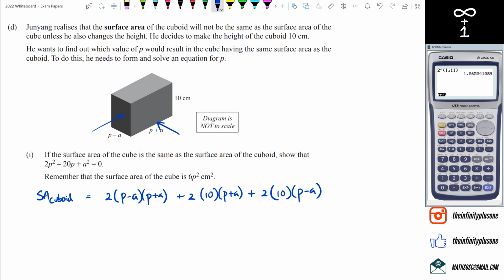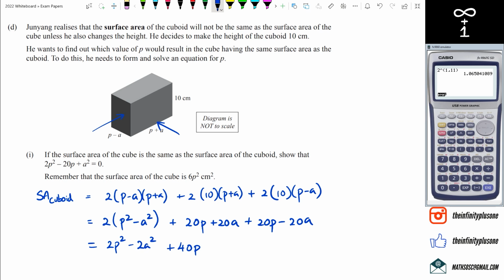So we're going to expand all of this. We're going to get 2p squared minus 2a squared plus 20p plus 20a plus 20p minus 20a. We've actually got 2p squared minus 2a squared plus 40p. So this right now is the surface area of the cuboid.